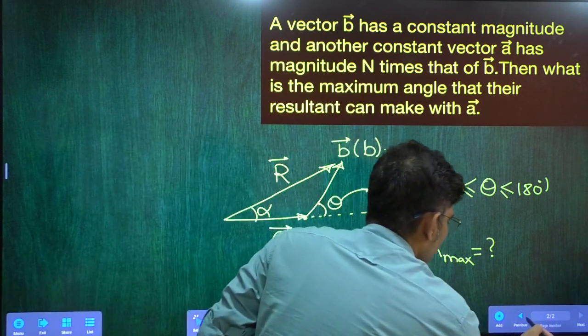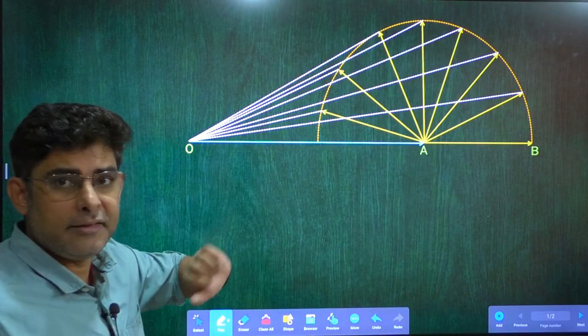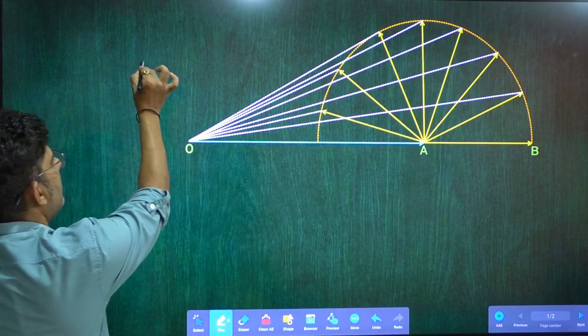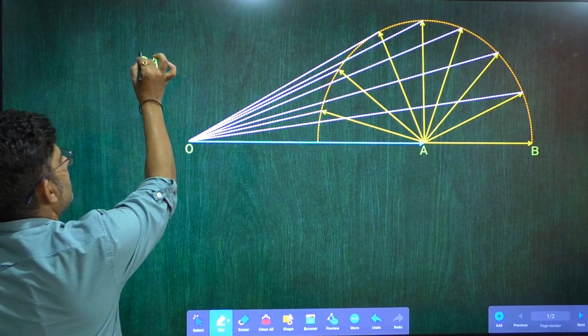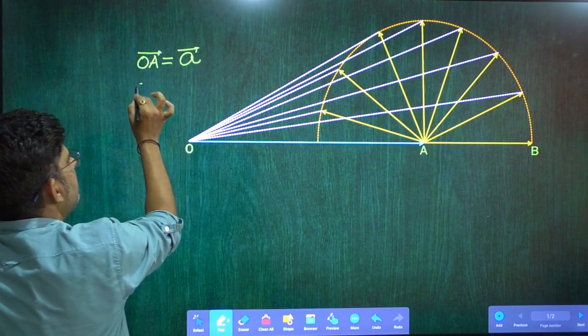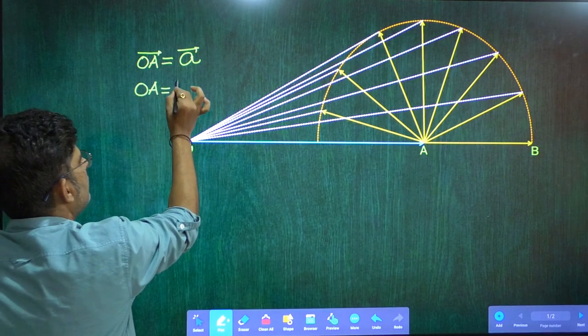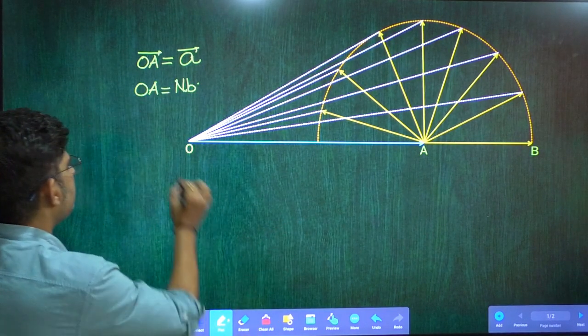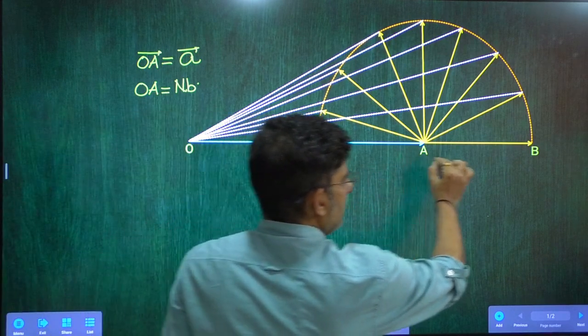Let's see this scene. Now you can see this OA, which I have marked over here. OA vector is nothing but A vector, and the magnitude of OA is the magnitude of A vector, which is nB. And here you can see is B vector.